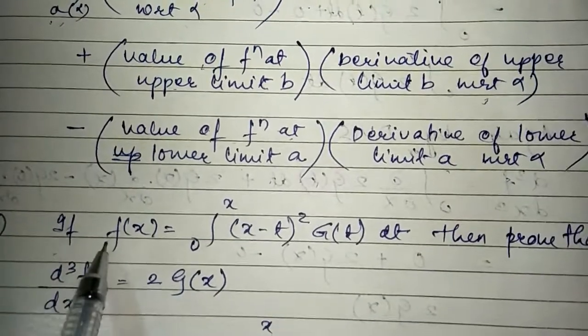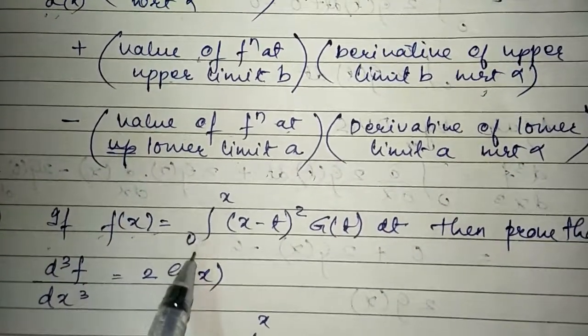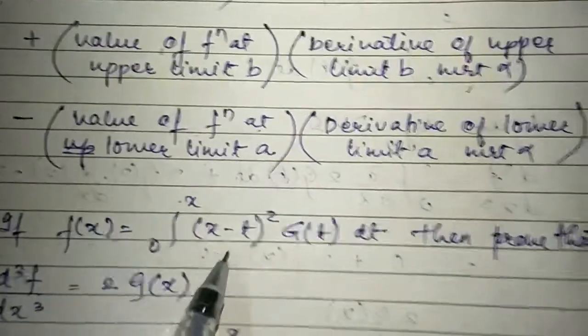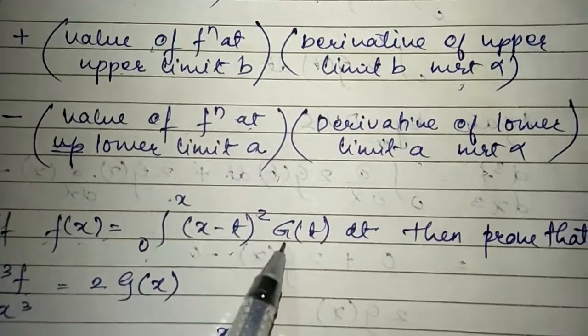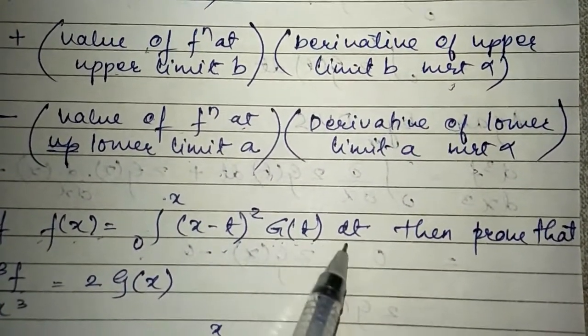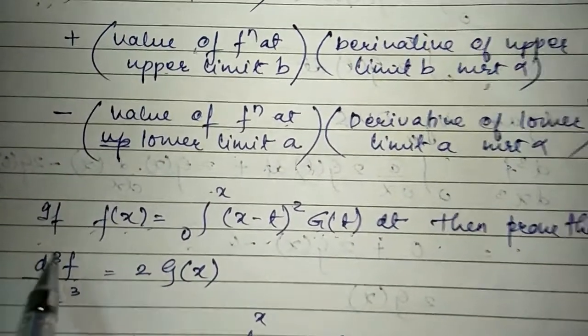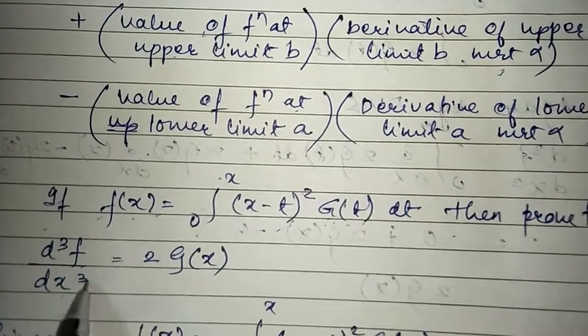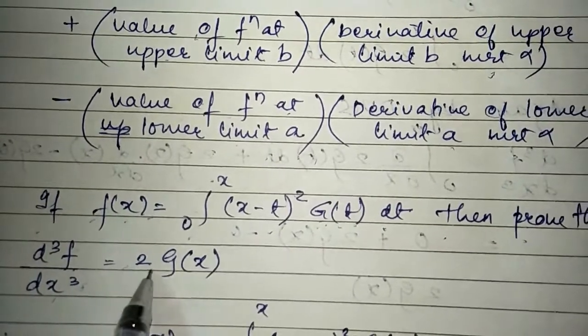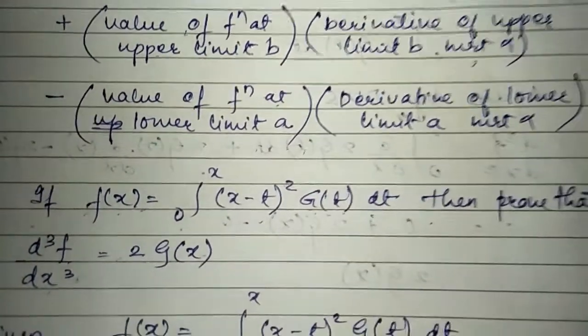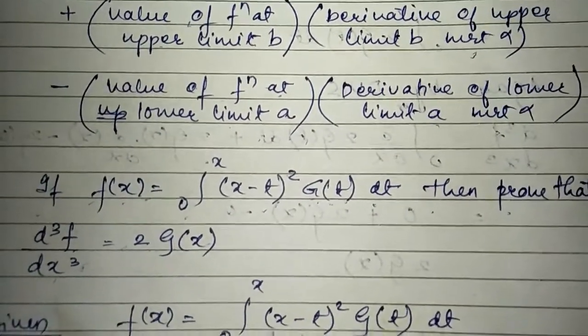If f(x) is equal to the integral from 0 to x of (x minus t) whole square into some function g(t) dt is given, then you have to prove that d cube f upon dx cube is equal to 2 times g(x). Now we'll solve this numerical.